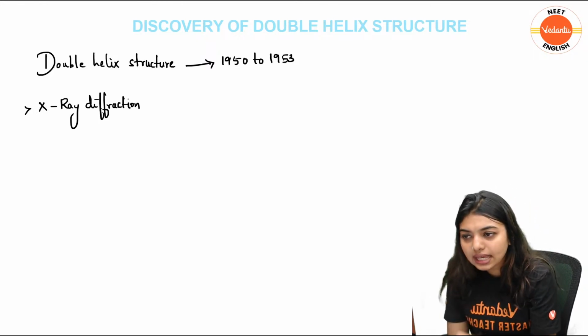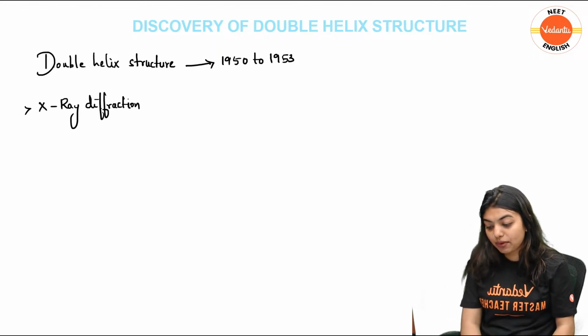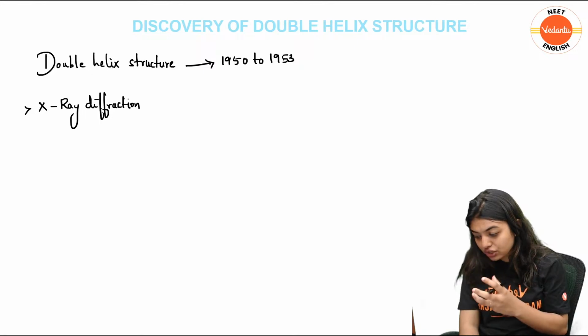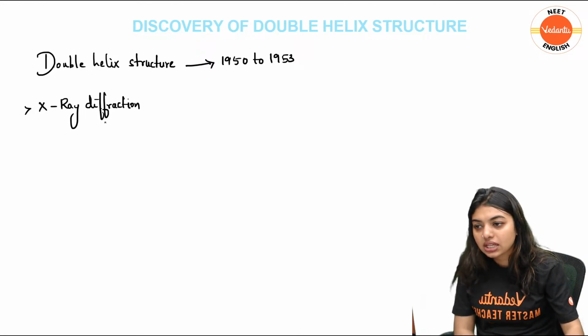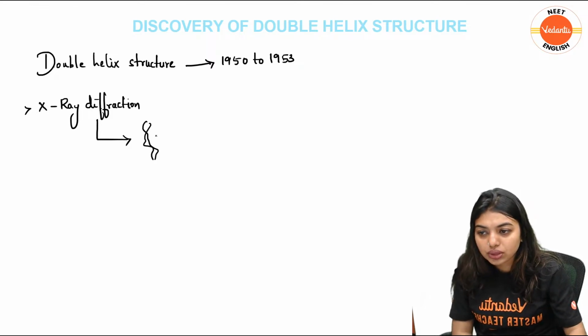In the same way, with the help of X-ray diffraction, they understood that the DNA is a twisted structure. So this helped them find the DNA structure.